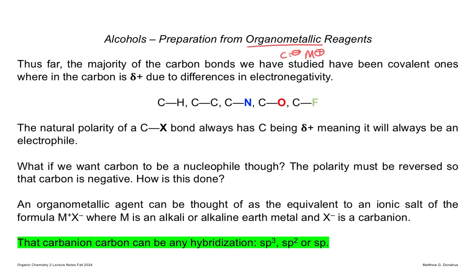So we've learned so far these different bond types. So these are nonpolar bonds. And then where this line is, those are polar. And so we see that carbon's delta plus, nitrogen's delta minus. And that's based on, sorry, that should be negative.